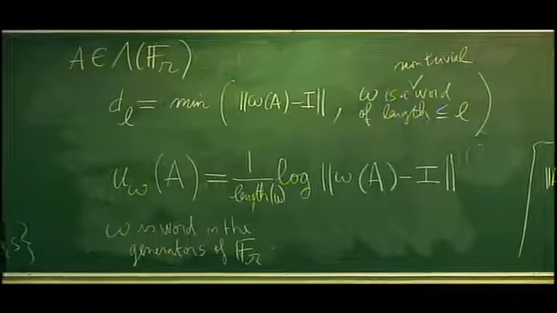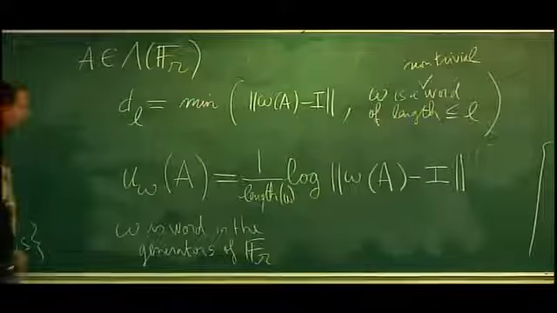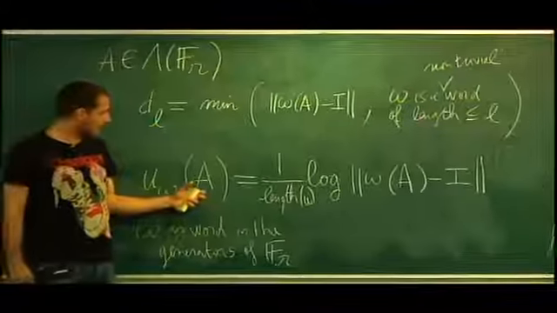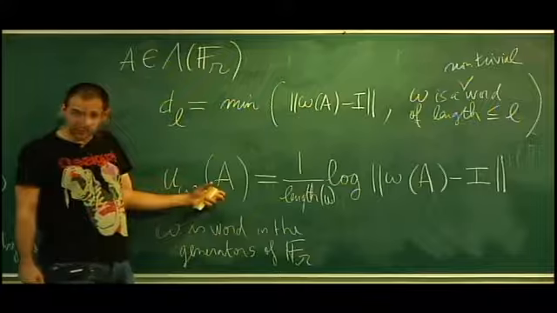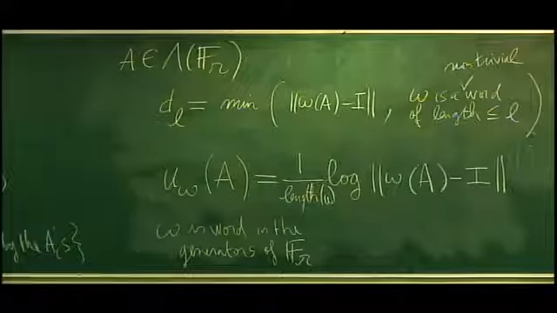And you know also that if you take A to be a Schottky representation, for such a representation this function is not going to be too negative.